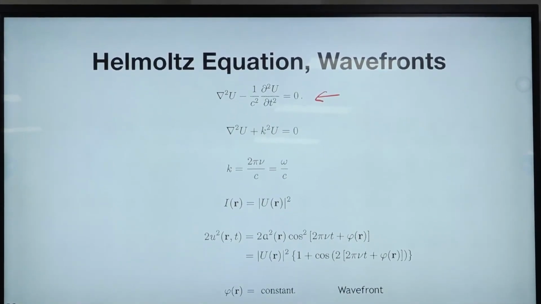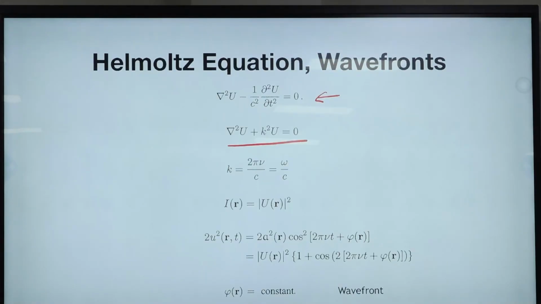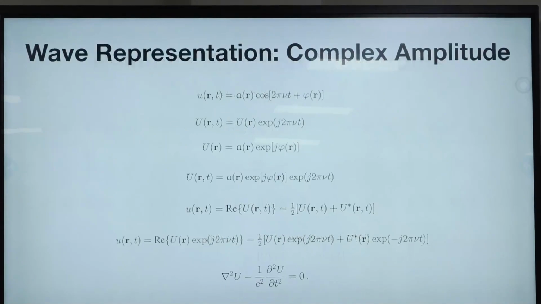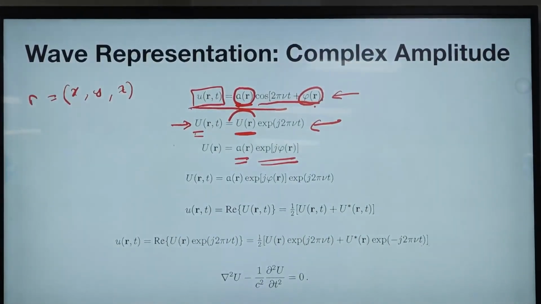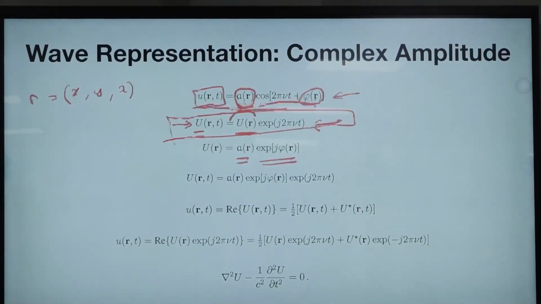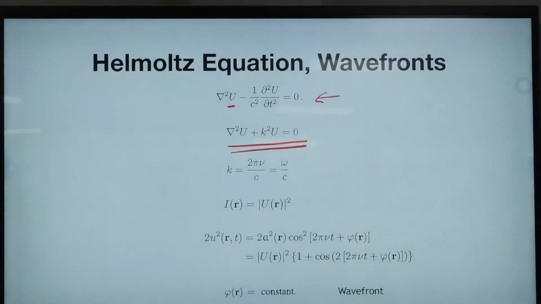Helmholtz equation. So basically, the capital U that I mentioned, this function over here, satisfies the Helmholtz equation. What it means in practice is that the wave function here can be related to U of r.